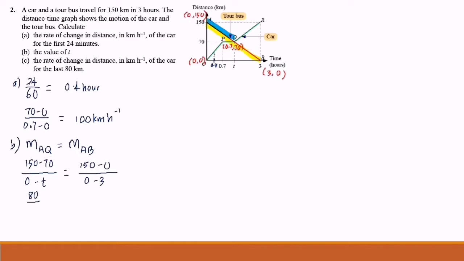80 over negative t equals 150 over negative 3. 80 over negative t equals negative 50.